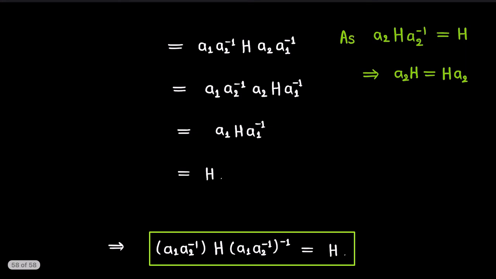Then a2⁻¹a2 will be identity, so no need to write that, and we end up with a1Ha1⁻¹.